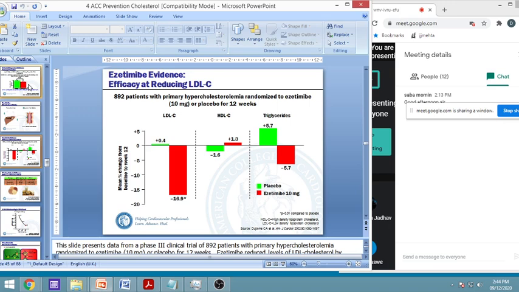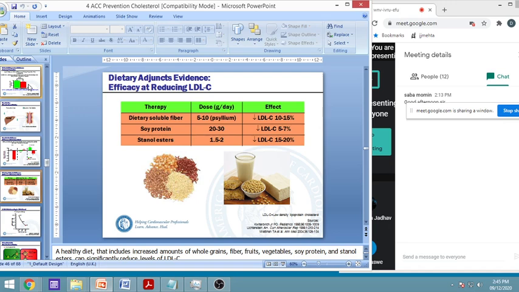Around 1.3% increase in HDL, and it is also reducing triglycerides, which is again a beneficial effect. So it can reduce both LDL-C and triglycerides at the dose of 10 milligram. This is quite beneficial, and therefore it can help many times.